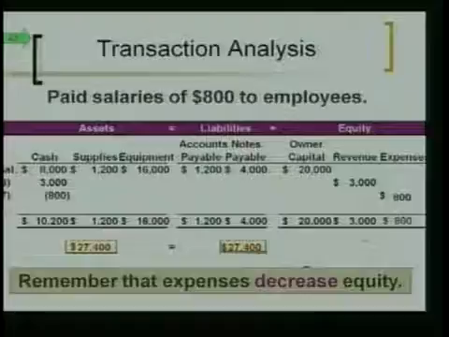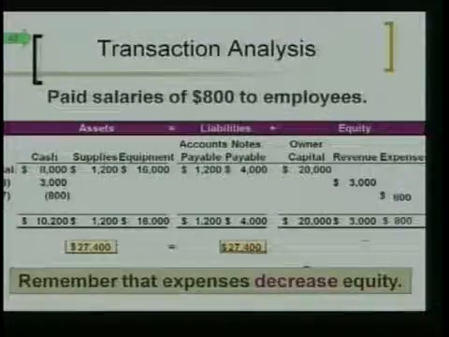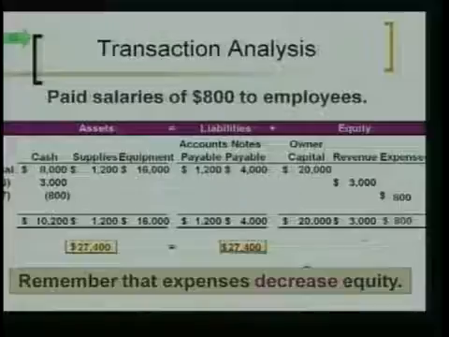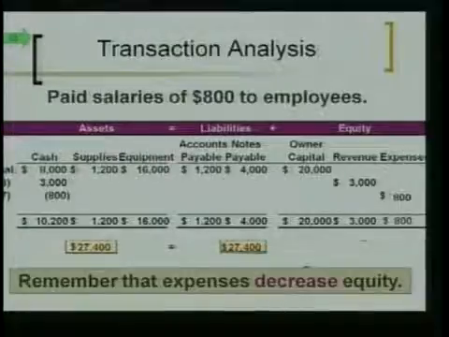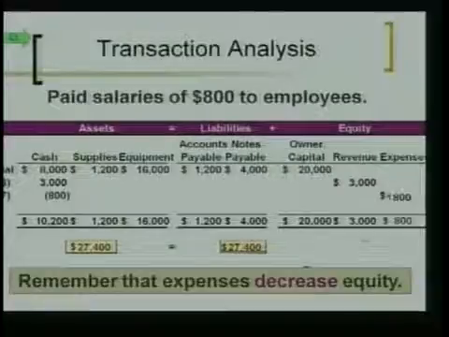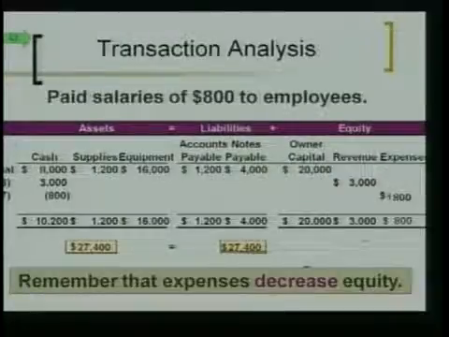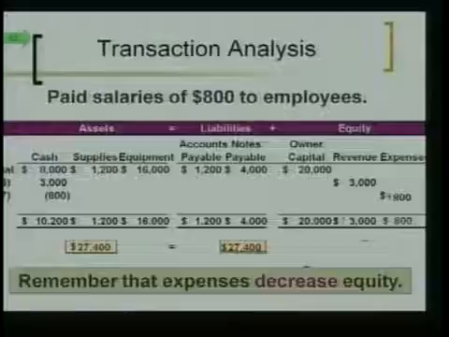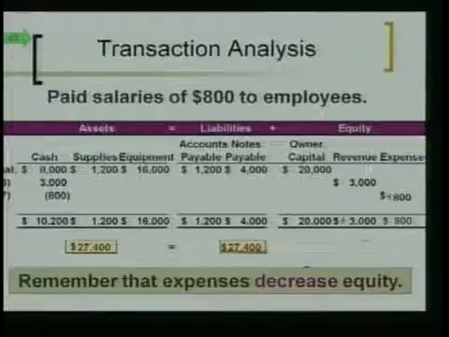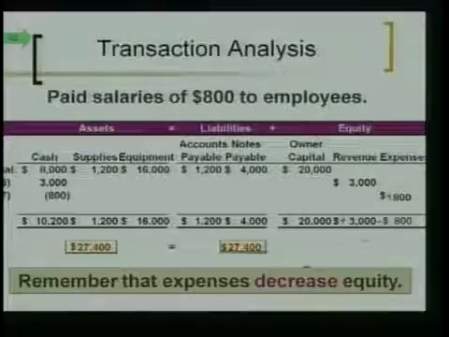How does this look? It looks like this. And I want to make sure you understand this. Expenses go up. Expenses are not decreased here. Expenses go up. But eventually, when we're figuring out total equity, we add revenue, but we're going to subtract our expenses. Does that make sense, guys?